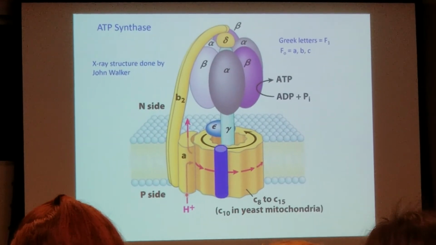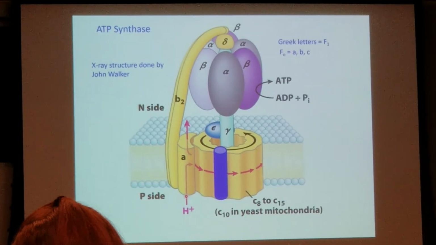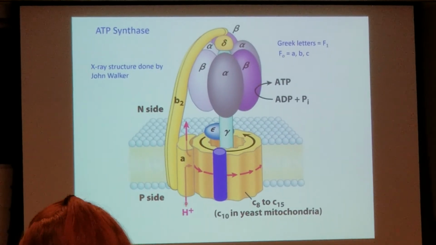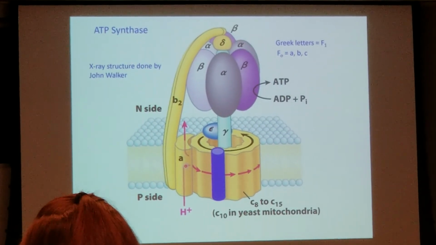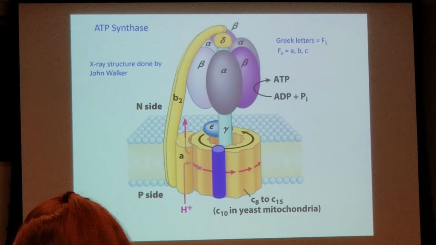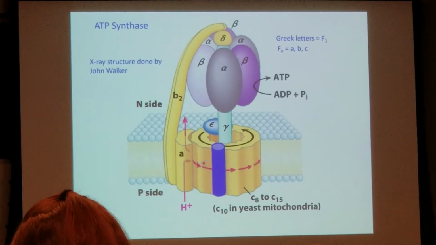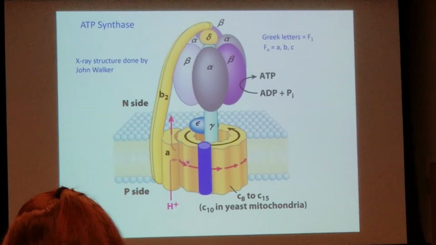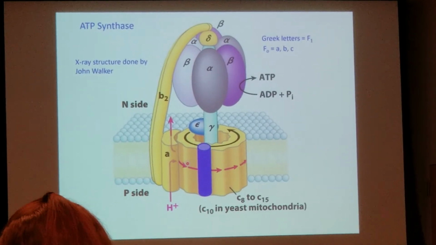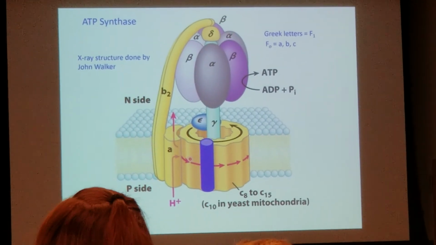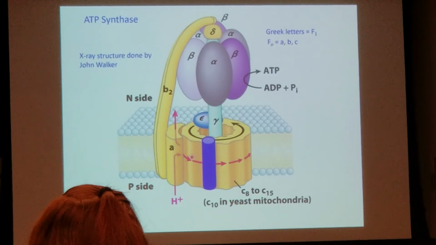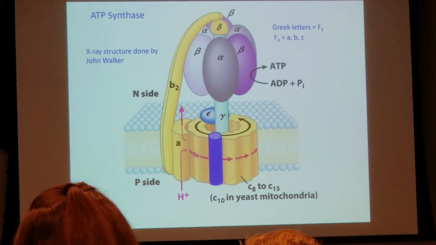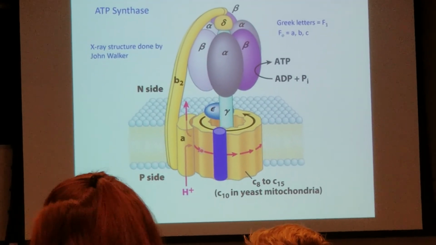One other beautiful thing here, though, and this will be shown on the other slides. When a proton comes on, it's going to go onto a residue in the aspartate that's right here in the C subunit. So there is an aspartate. What's the charge on the aspartate? Negative. I said aspartate, right? So there's a negative charge. So each of these C subunits here, each one of them has a particular aspartate.